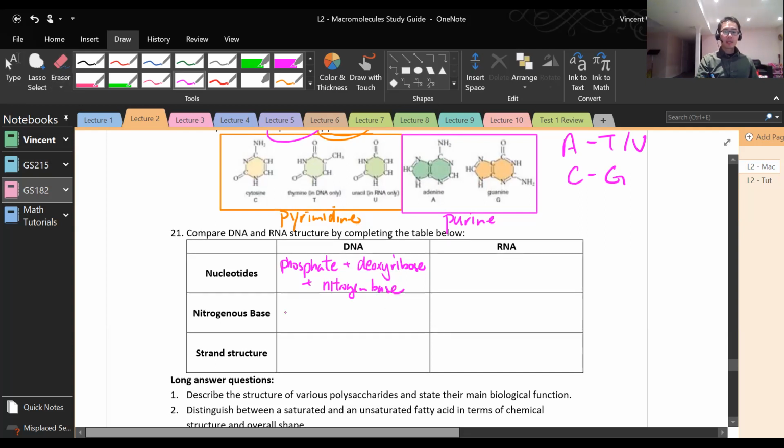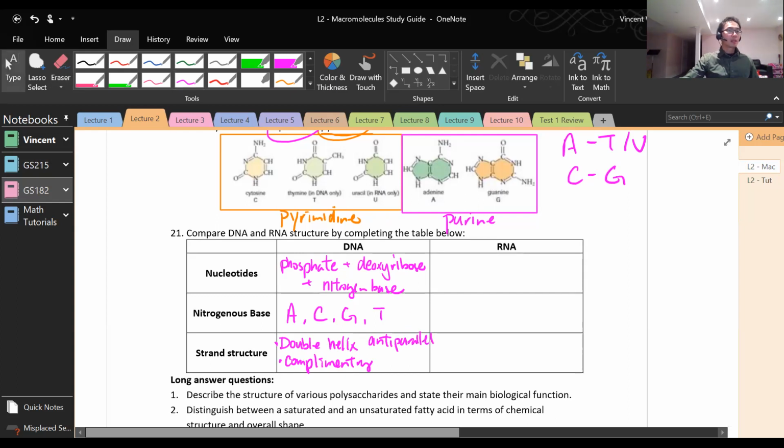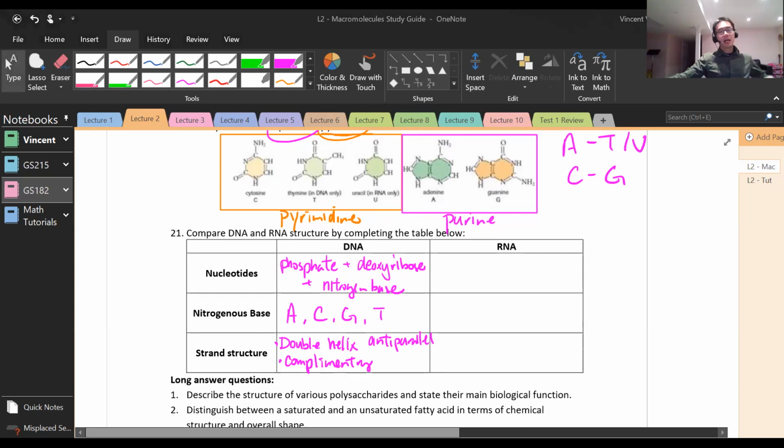The bases for DNA could be A, C, G, or T. The structure is a double helix. It is complementary, which means if you know one side, you will know the other side. And it's also anti-parallel, which means they're parallel to each other, but they run in opposite directions.